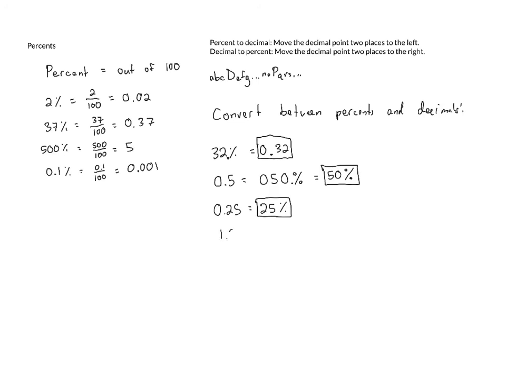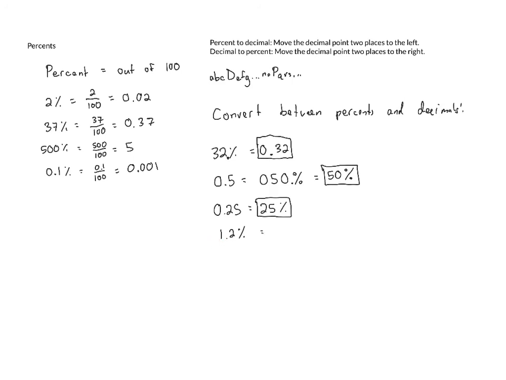All right, let's look at one more. Let's look at 1.2%. Now, even though there's a decimal here, because this is a percent symbol, this is a percent, and we need to convert it to a pure decimal. So to go from a percent to a decimal, we need to move the decimal point to the left 2 places. To do that, we're going to need an extra 0 out front.